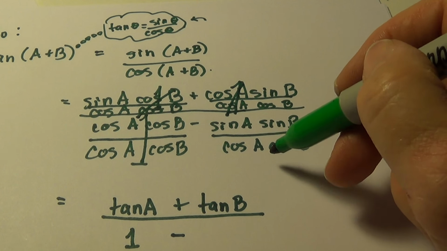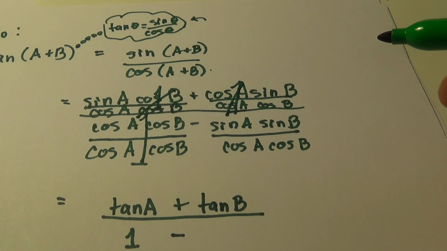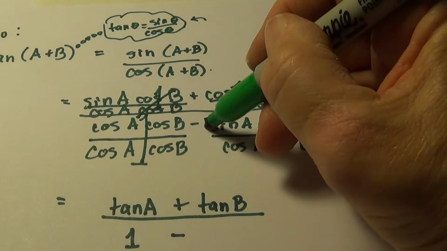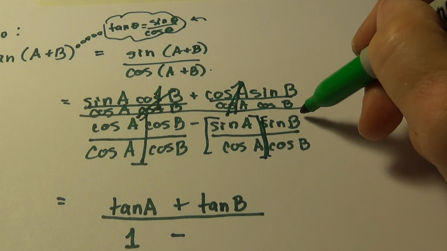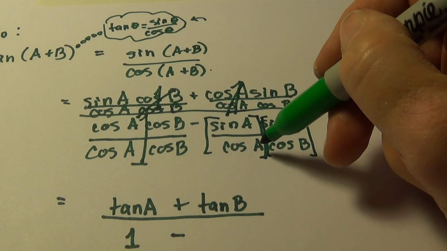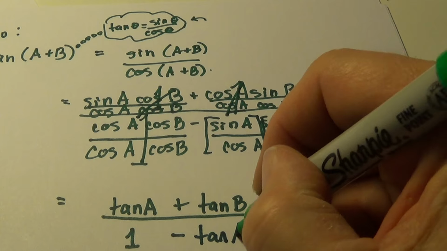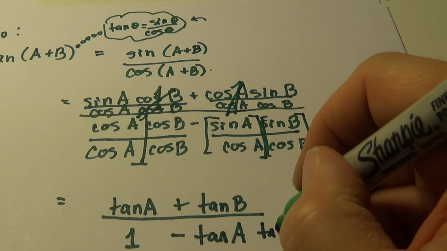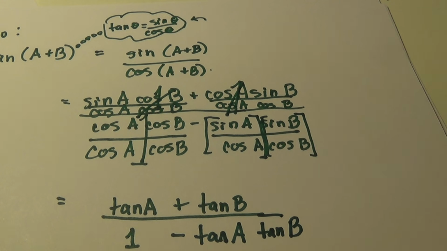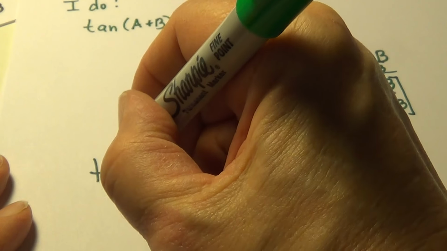There's no other sine A, no other sine B, no other cosine A, no other cosine B. So I'm kind of stuck with this, but I can group them because sine A over cosine A is tangent A, and sine B over cosine B is tangent B. So what I have developed for you is the tangent of a sum.